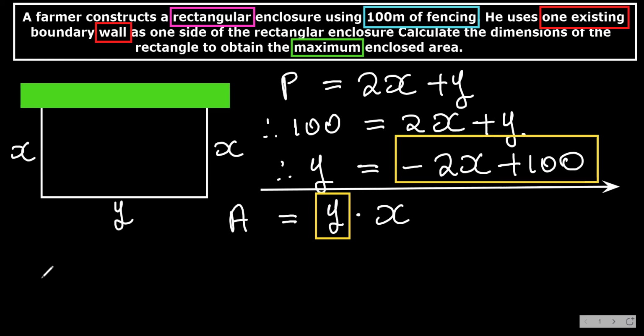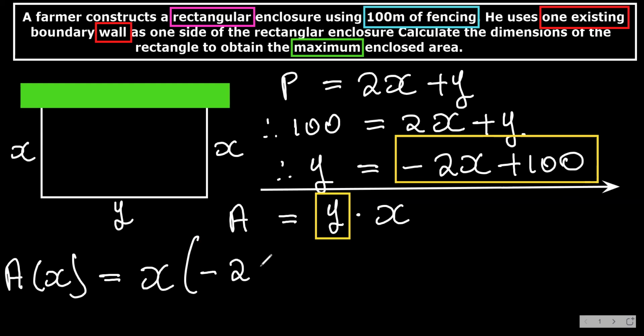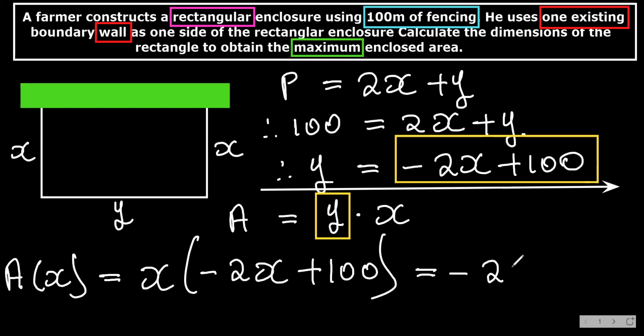So I can now express my area in terms of x and say where I see y, I'm just going to put negative 2x plus 100. And when I distribute the x, I'm simply going to get negative 2x squared plus 100x. That is our area function.